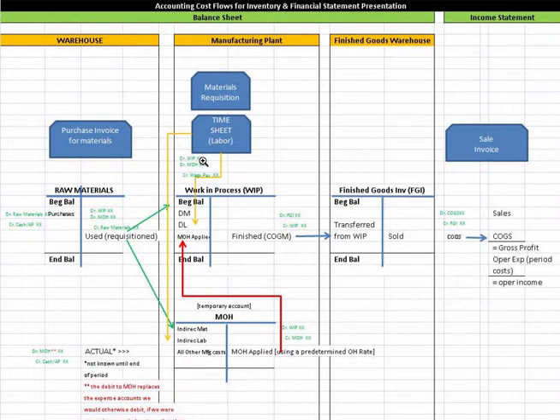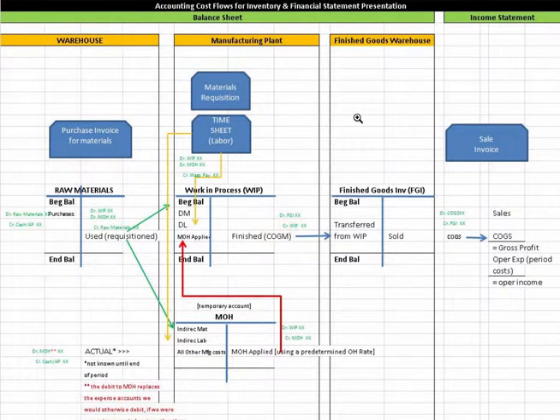You debit WIP for the direct labor, and you credit wages payable, and the debit goes to MOH for the indirect portion of labor here. That makes more sense. And eventually, when you finish the product, you debit the FGI account and you credit the WIP account here. And then when you sell it, you debit cost of goods sold and credit FGI. And again, this is how you end up with operating income.